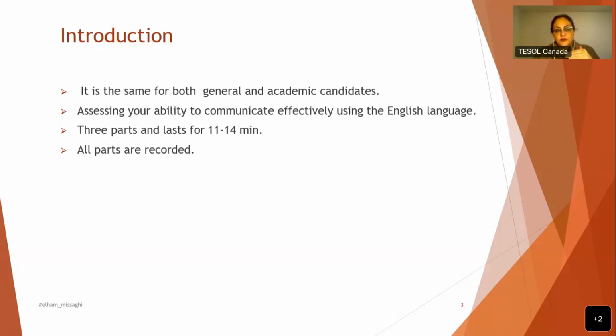All parts are recorded from the very beginning to the very end because maybe later you have some objections. So they have their recording and another assessor will assess and give you a band score. The examiner will control the timing of the test. You don't have your watch or any clock around.